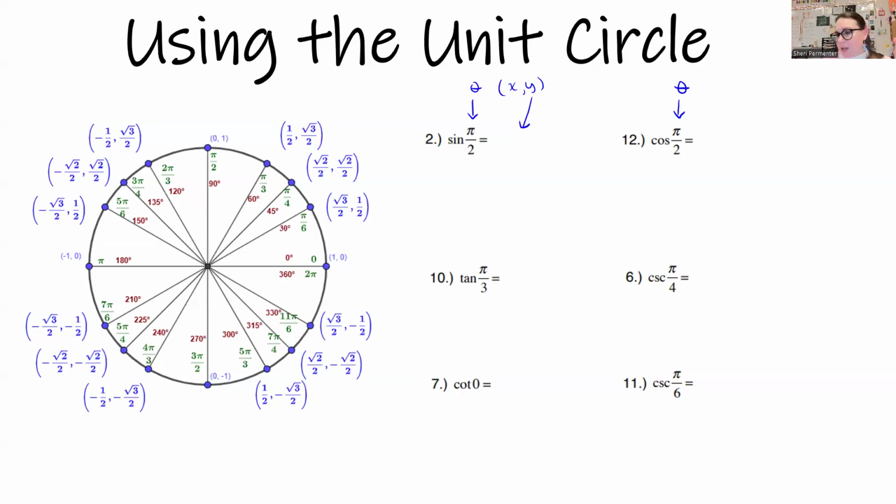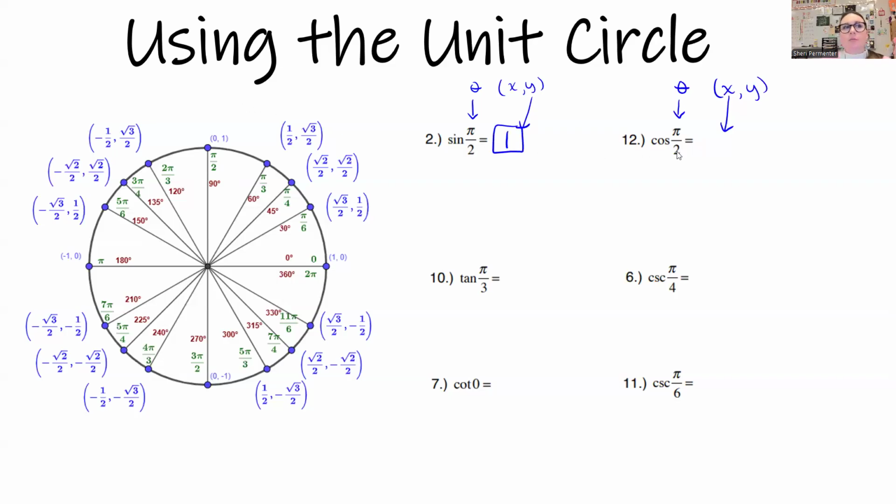You go find that angle, and then you have an x, y coordinate. You're looking for the y value of the coordinate because cosine goes with x. So for sine of pi/2, pi/2 is also 90 degrees. I can go find pi/2 or 90 degrees, and I look for the y value. So what is sine of pi/2? 1. That's it. That's your answer.